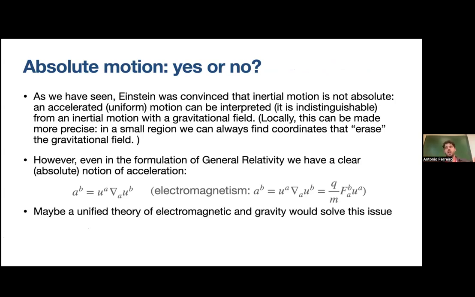So this chain made us say, okay, it's true that it's absolute, but if I could explain this acceleration by means of the matter distribution of the universe, then I could say in some way it's relative. It's relative to the matter behavior.